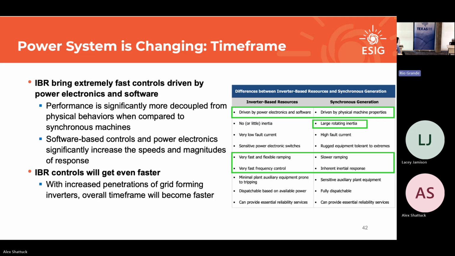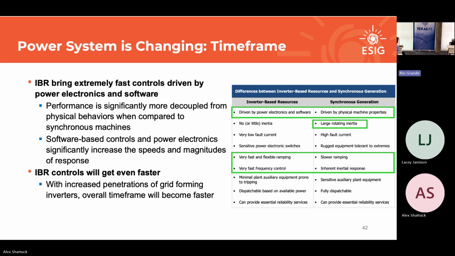So keeping in mind the bigger piece of this, the time frame that the EMT covers is great for us, because as system strength is weakening, the time frame is shortening as well. So there are big differences between synchronous machines and IBRs. We talked about it. Synchronous machines have physical properties, a large rotating mass, and relatively slower things are occurring. That goes out the window with power electronics and software. You can do very, very fast things, very extreme things, very quickly, right?